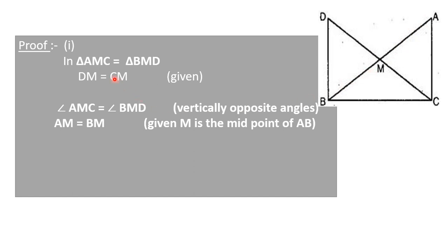Here, side angle side, so we can say triangle AMC is congruent to triangle BMD by the SAS congruence rule.